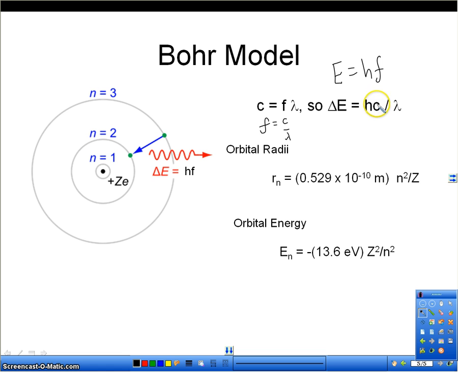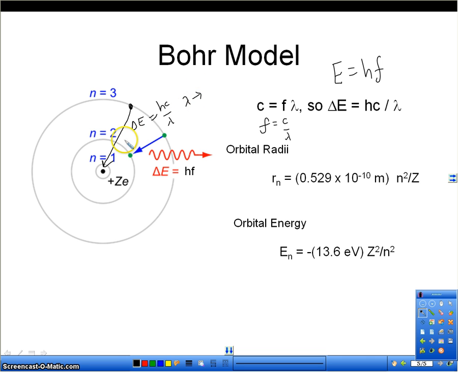That allows us to figure out the wavelength for any of these photons given off. For example, if I transition from n equals 3 down to n equals 1, and I can figure out that energy change, I can set it equal to hc over lambda and solve for lambda to figure out what wavelength that corresponds to.